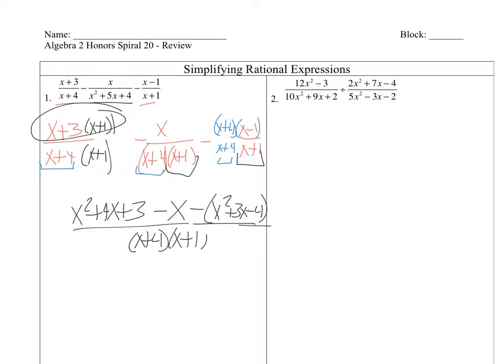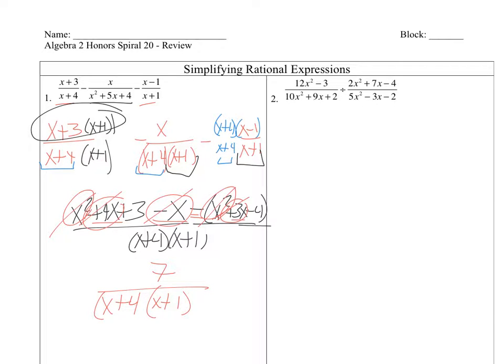I'm going to simplify the top if at all possible. x squared minus x squared, those cancel. 4x minus x minus 3x, oh, those also cancel. And then 3 minus negative 4 is going to be 7. 7 over x plus 4, x plus 1.